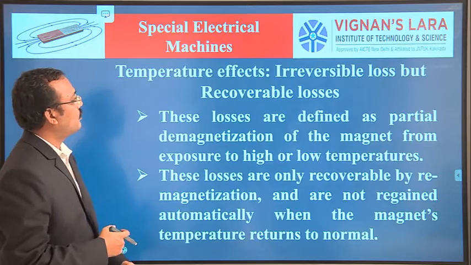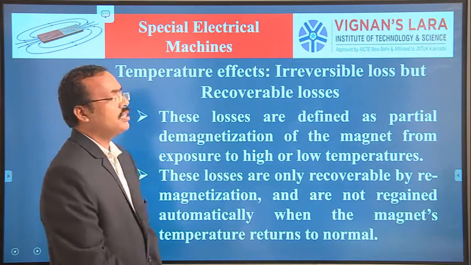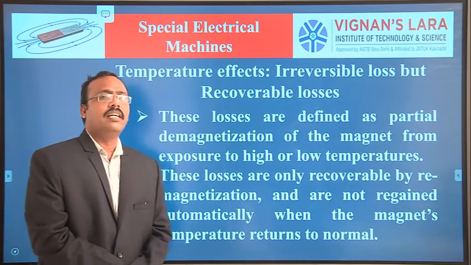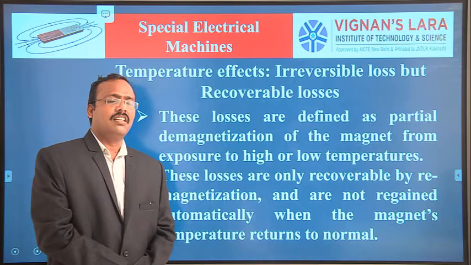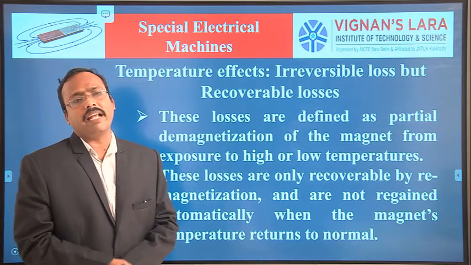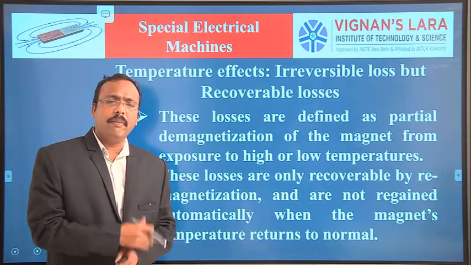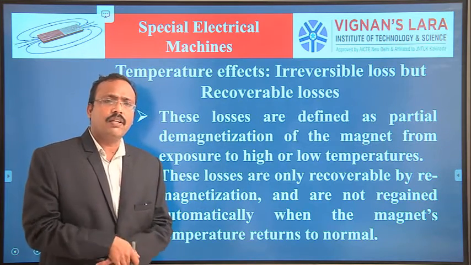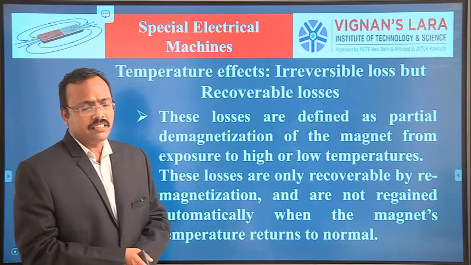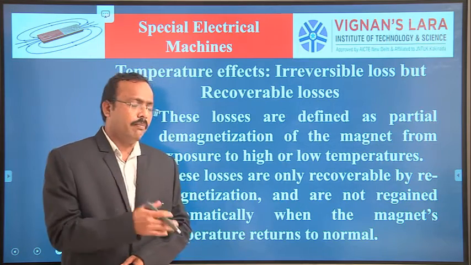Next is irreversible losses but recoverable losses. This type of process is also called partial demagnetization. Complete demagnetization means we cannot recover the original strength of the magnetic material, but partial demagnetization means it is possible to remagnetize the magnetic strength.